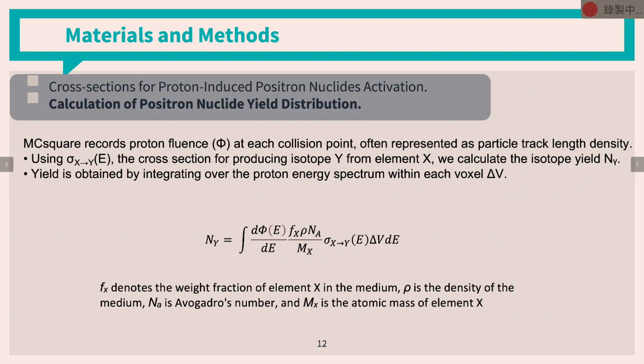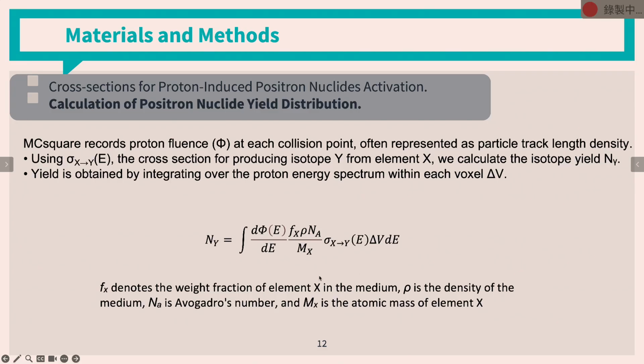And we can compute the yield N_y of each isotope in a given voxel delta V by integrating over the incident proton energy spectrum, as shown in this formula.